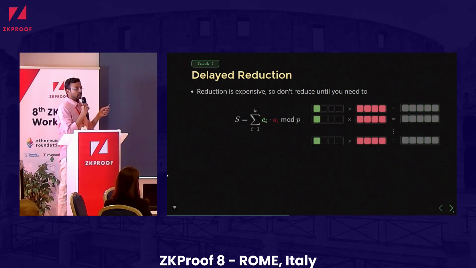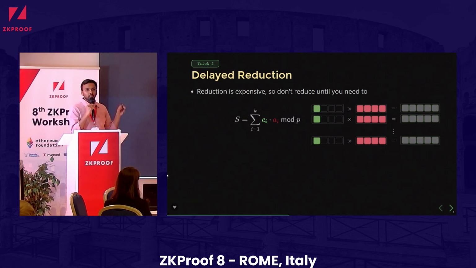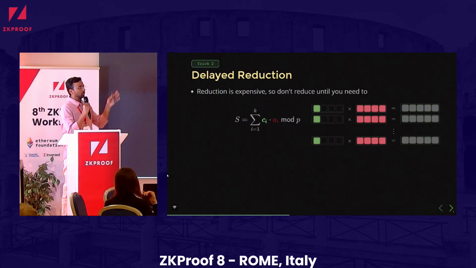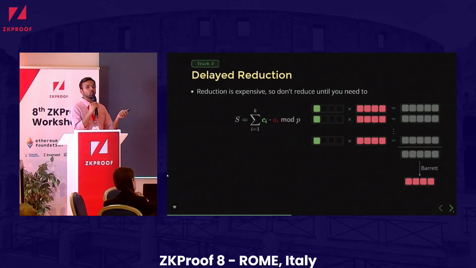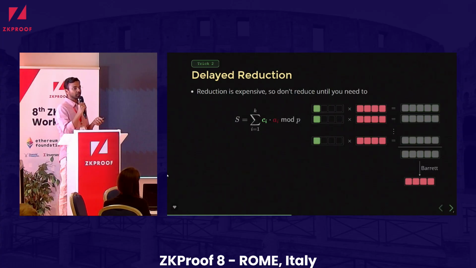What you can do is, instead of reducing in every multiplication, you just keep accumulating. So instead of restricting yourself to 4 limbs, we'll keep using 5 limbs. We'll perform the sum, and then we'll perform only one final Barrett reduction.